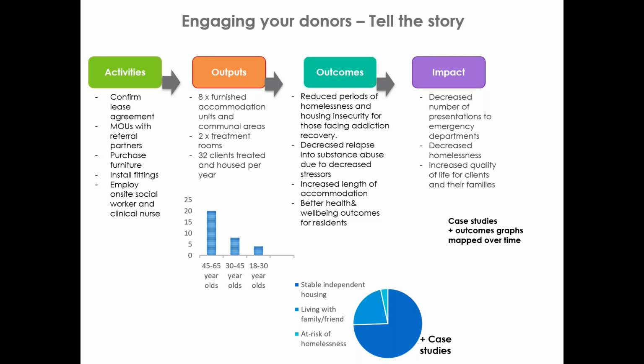Here we can see that we've got a little bit more data in our logic model, plus we're bringing the use of graphs in. And I'm sure that the examples that Greg's got have some really good illustrative tools that further allow you to engage with your donors through the impact reporting.